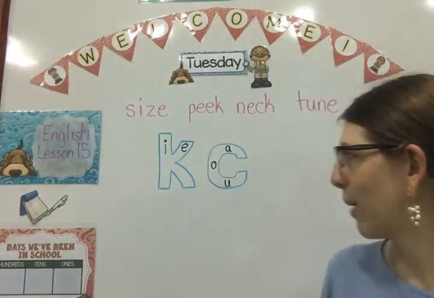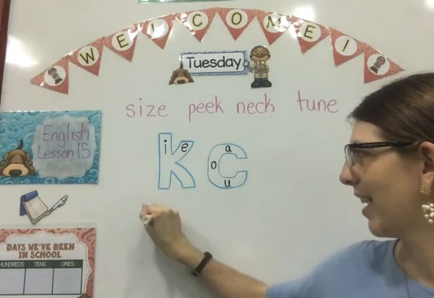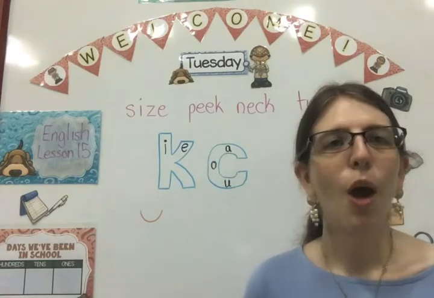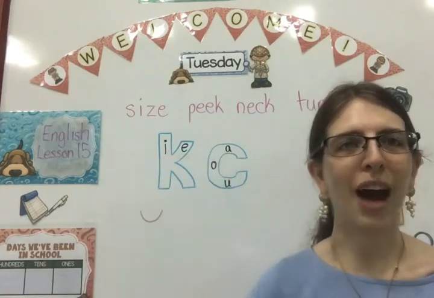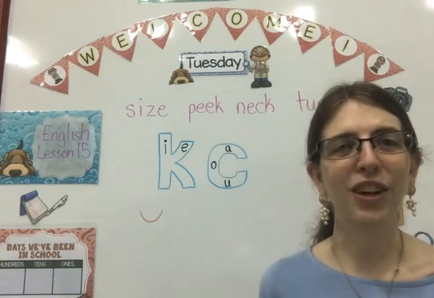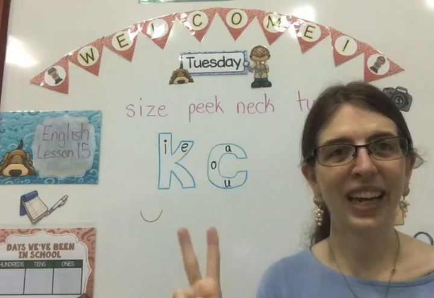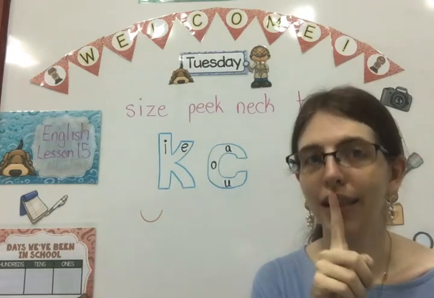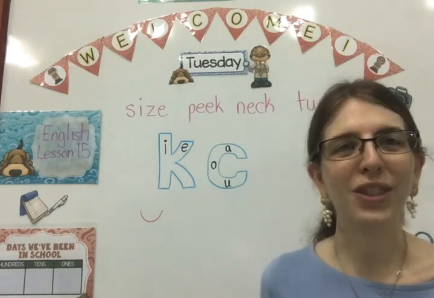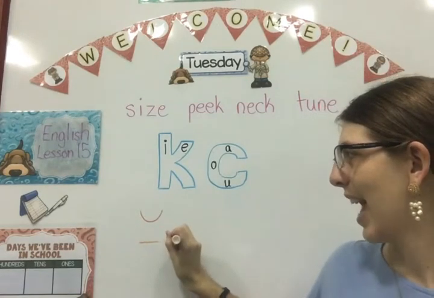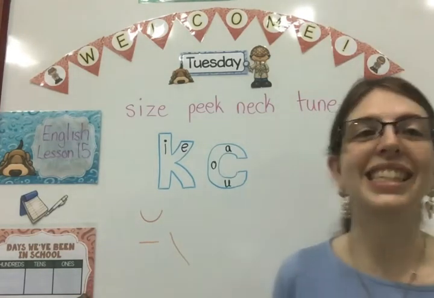So remember, a mark just like this. Smile. That's when you have one vowel. When there are two vowels in a word, the first one says its long sound, and the second one is silent. So when you have two vowels, the first one says its long sound, and the second one is silent.